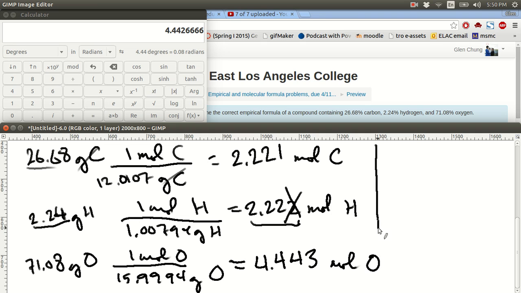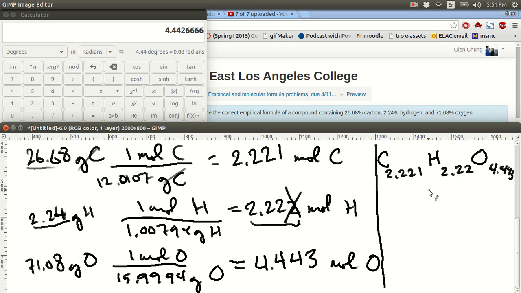So now you've converted everything to moles. Now what do we do? Well, you write the empirical formula. CHO. Now there are 2.221 moles of C. There are 2.22 moles of H. There are 4.443 moles of O. But you can't just have decimals there. Usually, the formula has to be all in whole numbers.